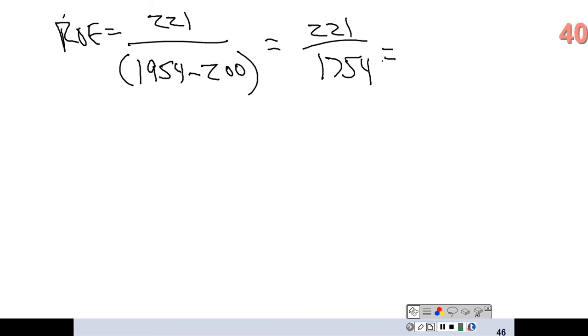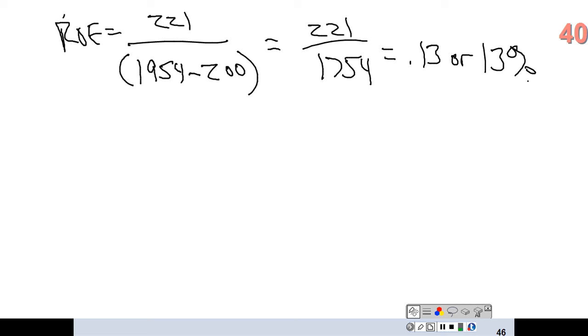And so that equals how much? 0.13. Okay, so 0.13 or 13%. Okay, so this company has an ROE of 13%. Now, a lot of times, people, when they look at this, they think, oh, well, if you invest in this company's stock, that must mean that's what you earn, okay?